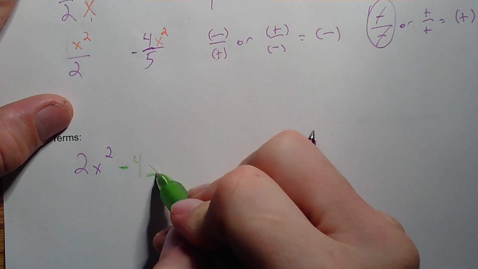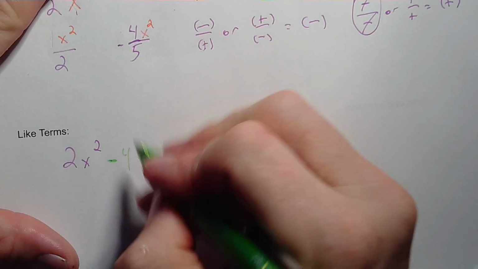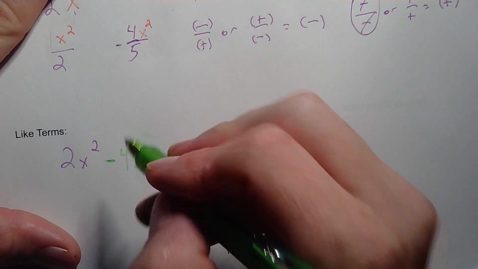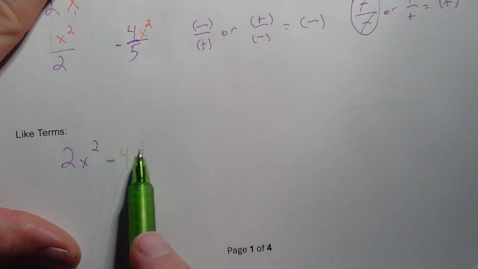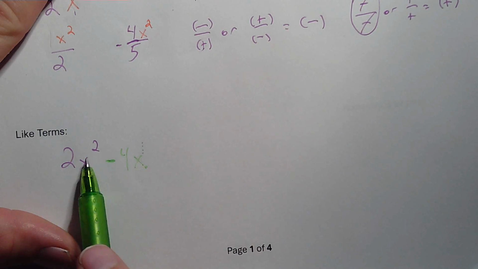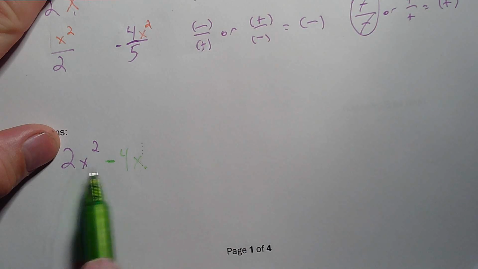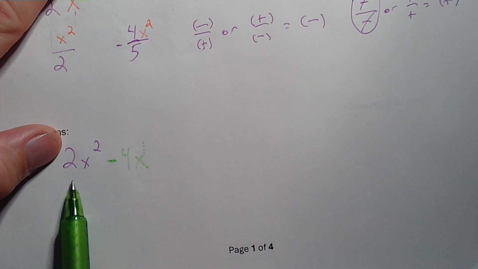If this was an x, still not a like term. This is an x to the first, an invisible 1, and this is an x squared, an invisible 2. So it does not allow me to combine the coefficients. In this case, it would be subtracting them.